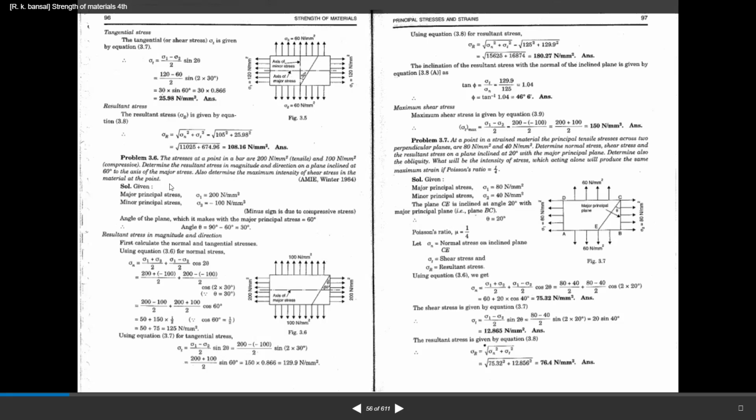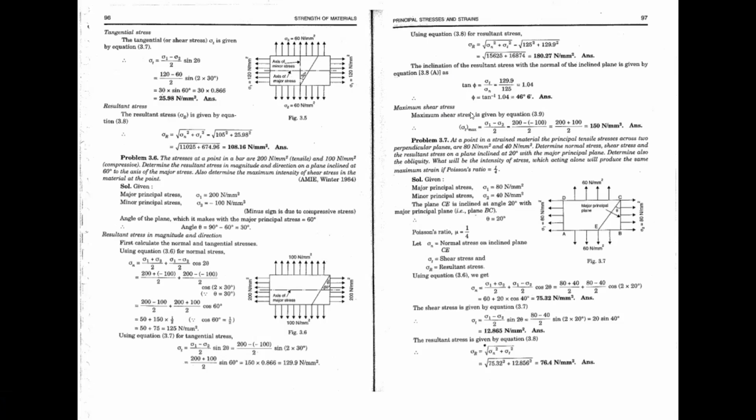Resulted in normal stresses for given this formula tan phi, sigma t by sigma n, theta tan inverse of 46 degrees 60 minutes. Maximum shear stress formula sigma t maximum, sigma 1 minus sigma 2 by 2. Substitute the values. Finally, got the value maximum shear stress 150 Newton per mm square.